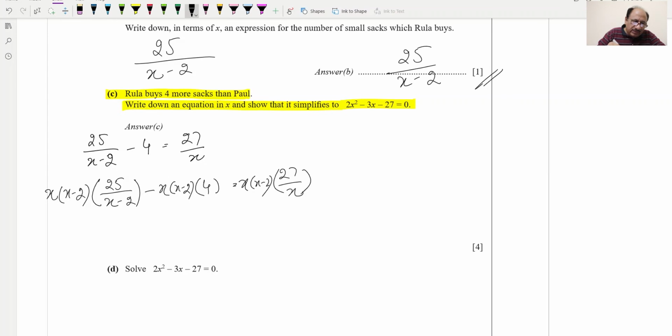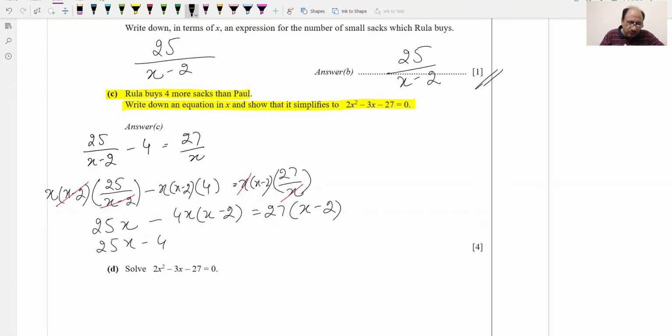Now you can cancel whatever cancellation is possible. So x will be cancelled with x, and x minus 2 will be cancelled with x minus 2, and our equation will be 25x minus 4x into x minus 2 will be equal to 27 into x minus 2. We got rid of denominators and we can open the bracket, so it will be 25x minus 4x squared and plus 8x.